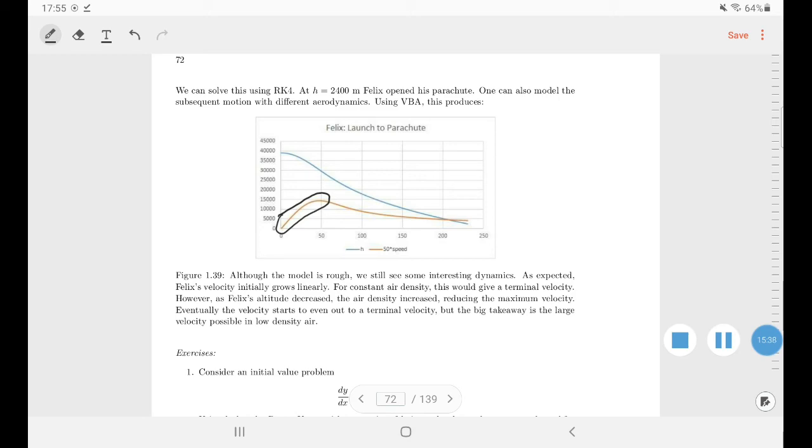But then as you come into the denser air, the air resistance increases, so the drag increases, and the velocity decreases to a more conventional terminal velocity. The big takeaway is it gets a larger velocity in the low density air.